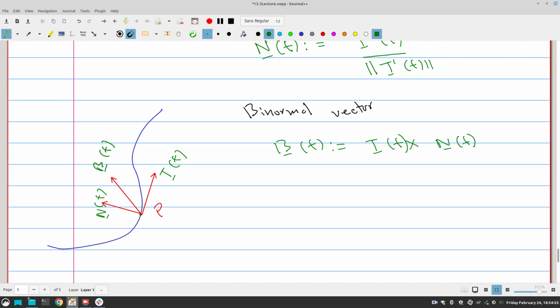Right, so the directions of these three vectors are of course always changing. As you move along the curve, the directions of all three vectors are constantly changing.